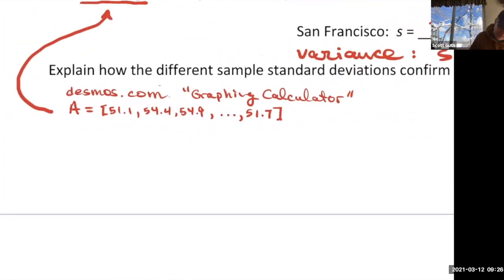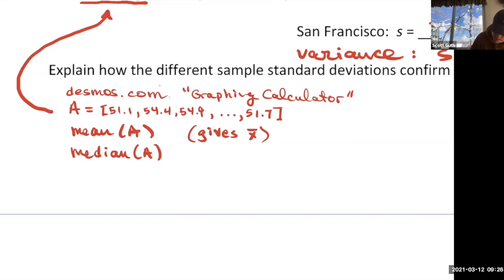I'm going to add some more to this. Once you get those values in, you say mean. I'm just putting these commands into the notes. So the mean of A gives X bar. And then median of A gives the median, but that's called X tilde.